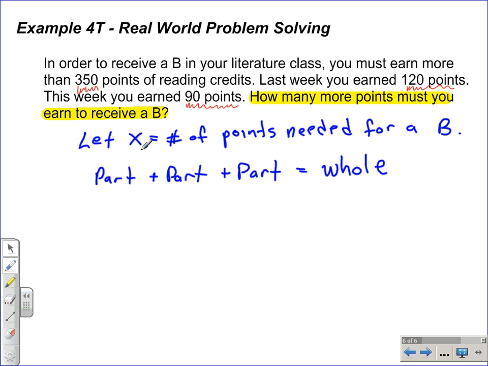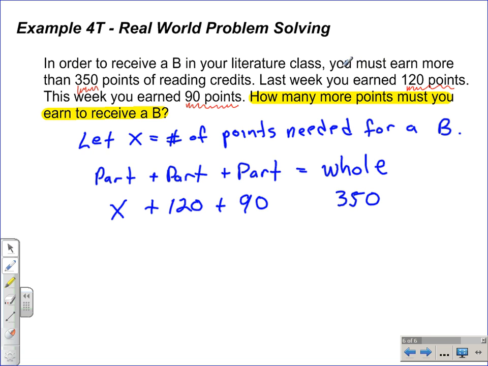Now, the one part of the whole is how many more points you need to earn a B, plus the 120 points you earned last week, plus the 90 points you earned this week. And we're going to ultimately make that equal to 350. But we're not going to use an equal sign.